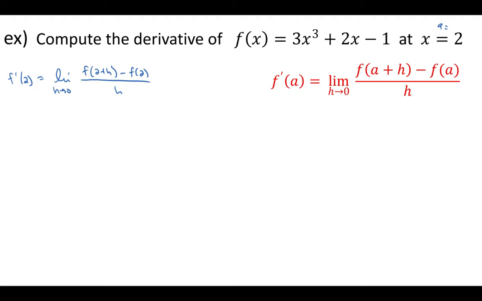When we plug it in, we're going to have to plug it in a few spots. So this is going to become the limit as h goes to 0. This one's not the most fun one to do. There's a lot of operations you got to do, but it will work out if you do it right. It's going to be 3 times, and now we replace these x's with 2 plus h. So 3 times (2 plus h) cubed plus 2 times (2 plus h) minus 1.